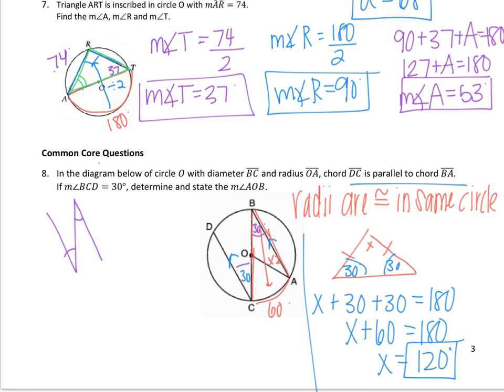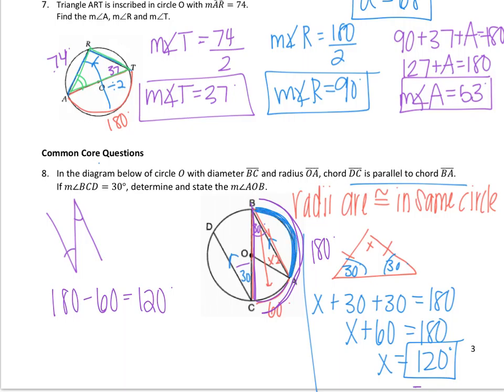So we know that this arc here is 60 degrees. But again, we have a diameter, which means that this big arc BAC is 180 degrees. So if I have 180 and I take away 60 of it, we're left with 120 degrees for arc AB.